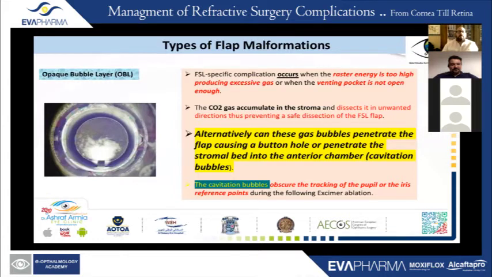Alternatively, these bubbles either go through the very thin flap and cause a buttonhole, or penetrate into the stromal bed to the anterior chamber and make cavitation bubbles, which we don't like during the laser treatment, because the cavitation bubbles obscure the tracking of the pupil and the iris reference points.